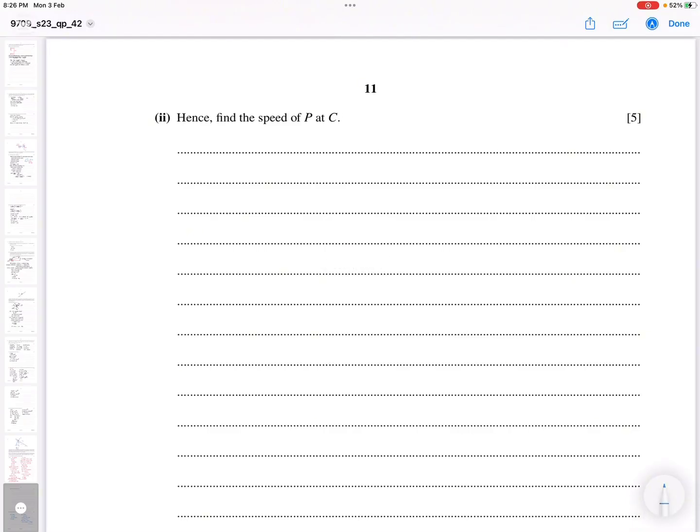Velocity at C. So this is v square equals u square plus 2as. So v square is equal to 1.638 squared plus 2 times 3.33 into distance 1.2. So our v square would be equal to 9.638. So v is 3.1 meter per second.